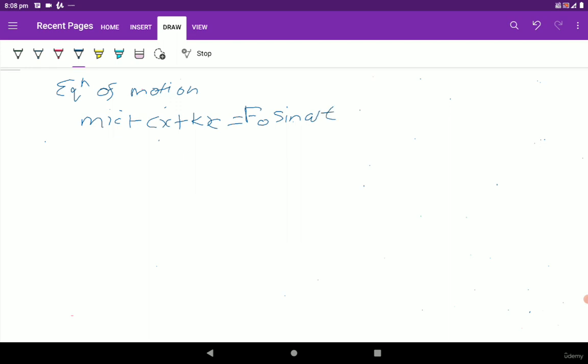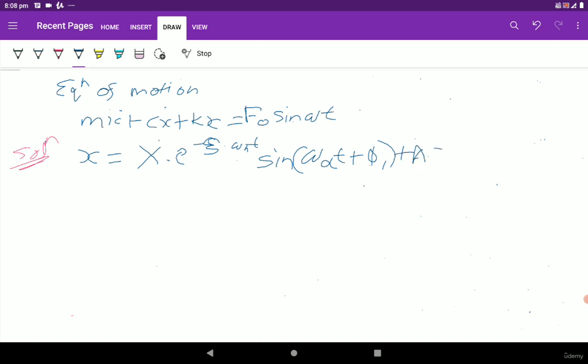So the solution of this equation is x is equal to X dot e power minus zeta omega n t dot sine omega d t plus phi 1, plus A dot sine omega t minus phi.